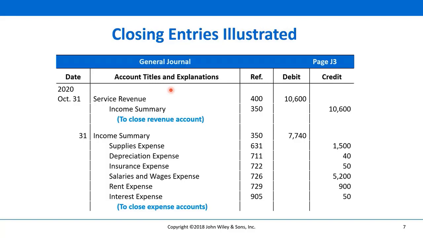Suppose first we have to close the revenue accounts. We just saw that if we want to close any account, we have to go in the opposite direction of the balance. Think about the revenue accounts. What balance do they normally have? They normally have a credit balance, which means their credit side is always higher than the debit side, right?